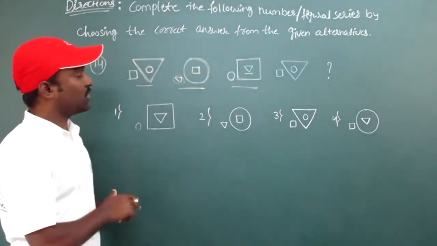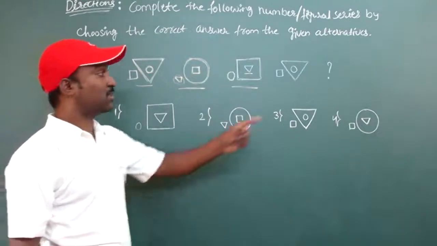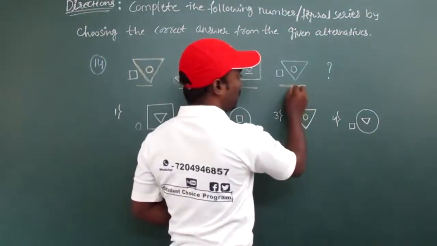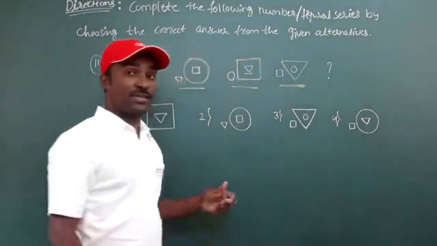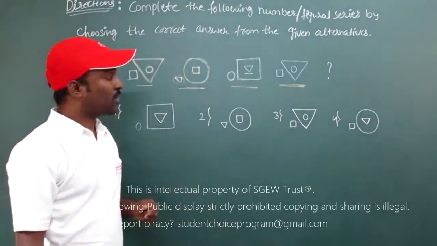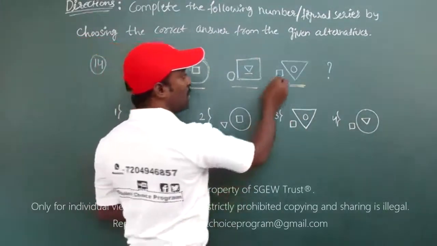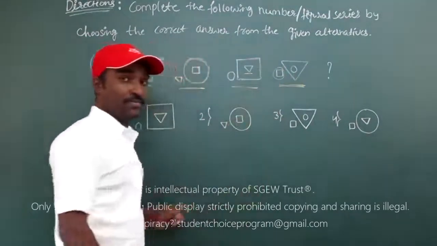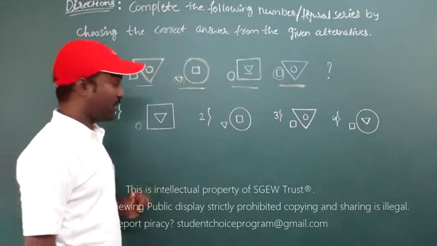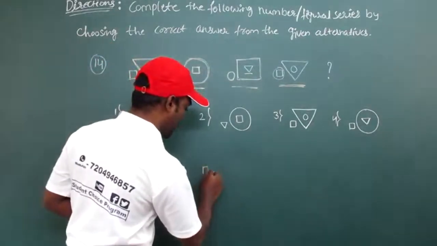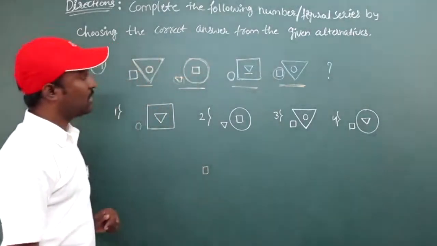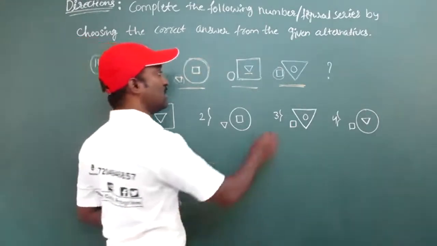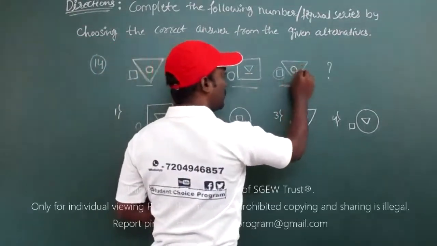Using these observations, I can find this missing figure. I have to use this figure, that is the fourth figure, to obtain the missing, that is fifth figure. So what I have to do? This shape, that is the square, should go inside. The square should go inside. So I will draw a square here. And next is this inside shape.